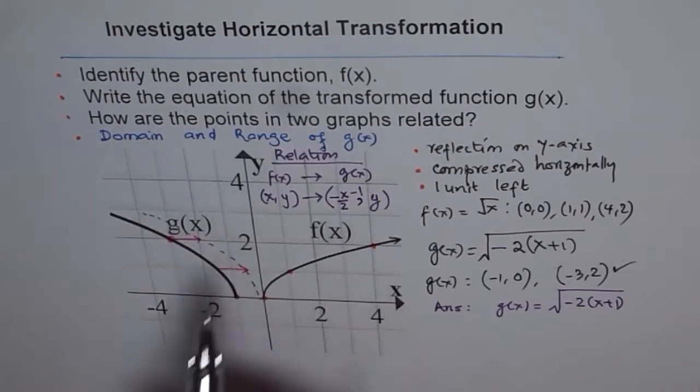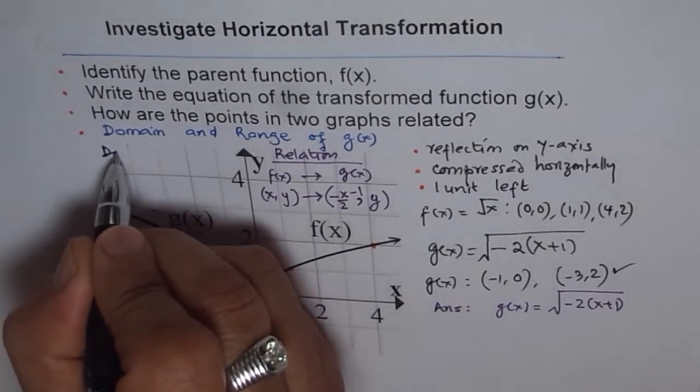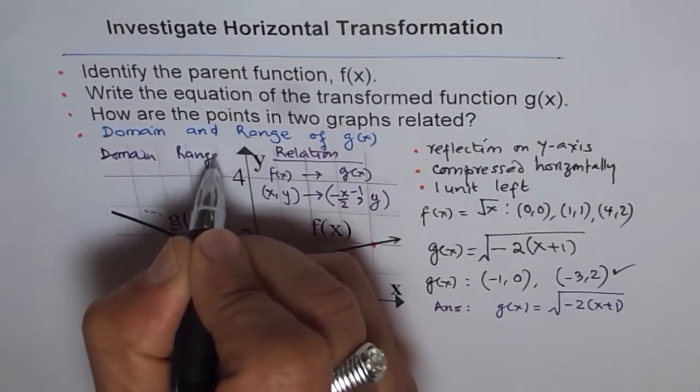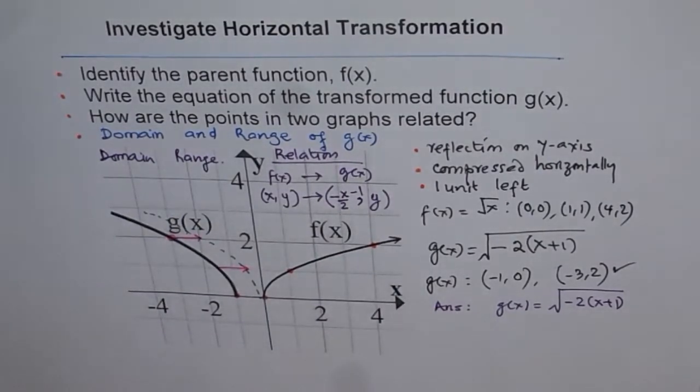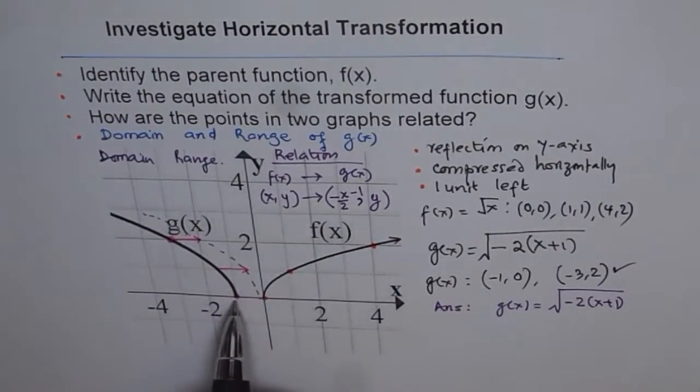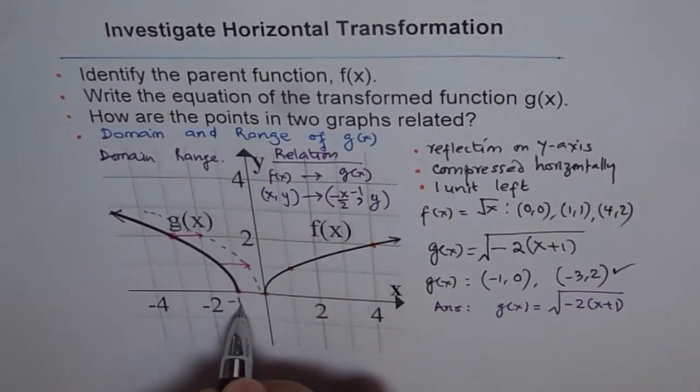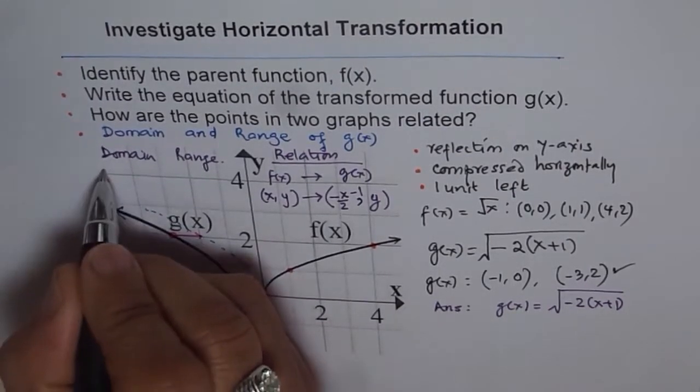And then we come to the last part, and that is domain and range, right? So I'll write the domain and range in very short. Domain is moving from -infinity to this point, which is -1. All are included. You can never include infinity.